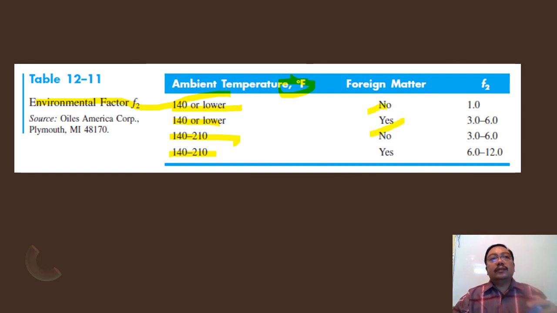If your bearing has no dust and no particles, there is no foreign matter. If you have dust or particles, it means your bearing operates in harsh conditions, and you must consider foreign matter because dust will come into your journal. So this is f2 and everything.